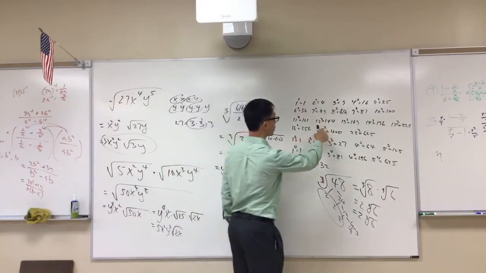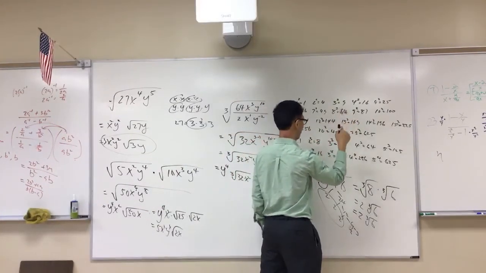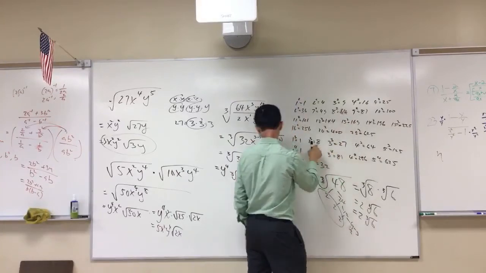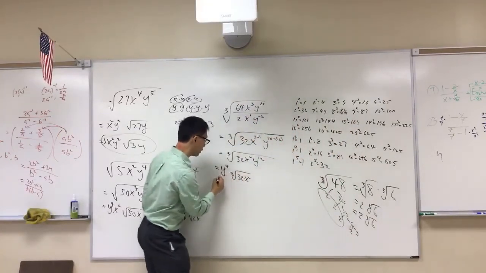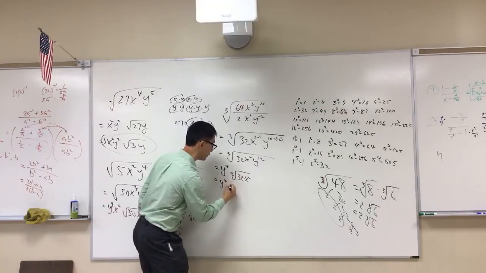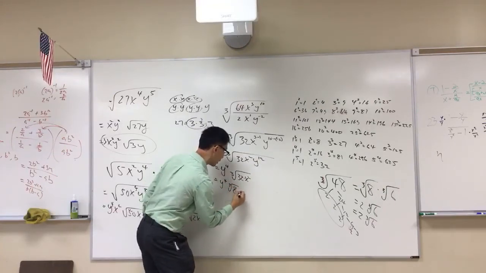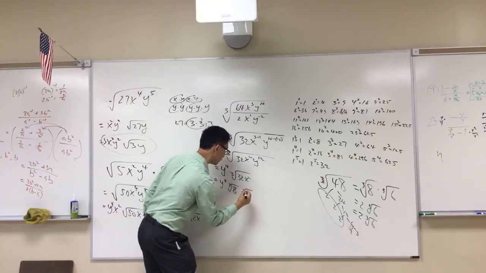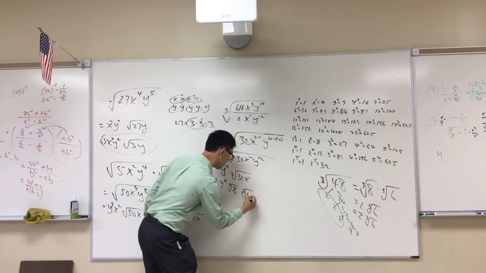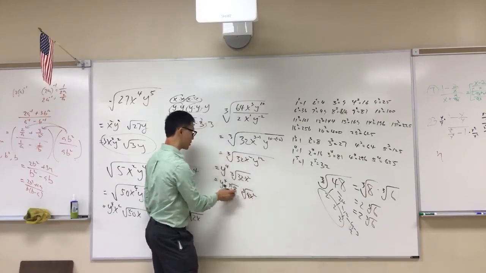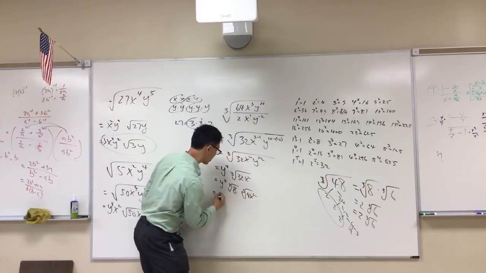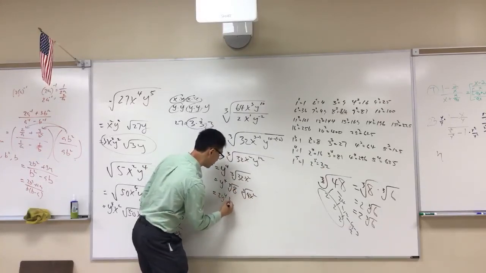Well, 32 is gonna be a cube, what is a cube? 8 times 4. So equal to y to the 4th, third root of 8, and then third root of what? 4x squared.